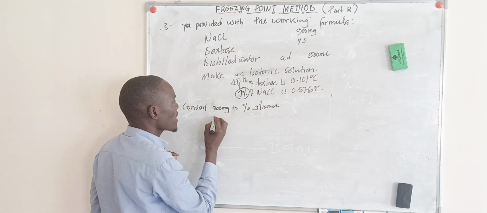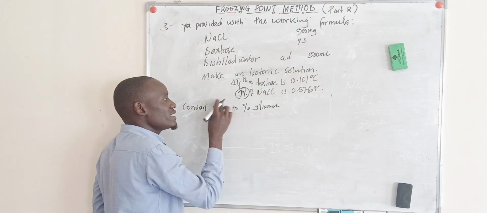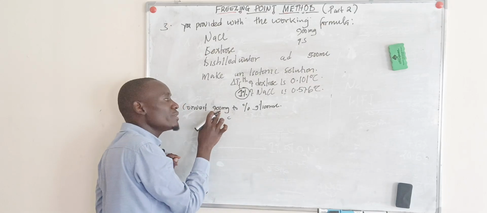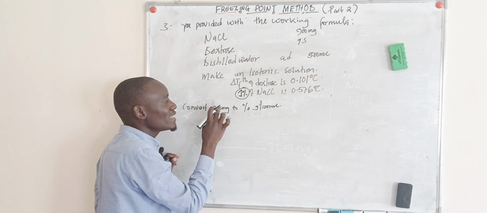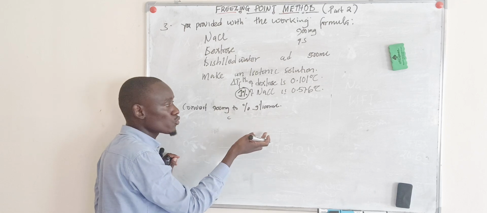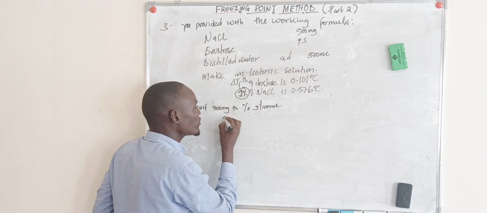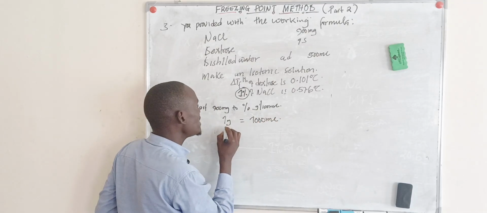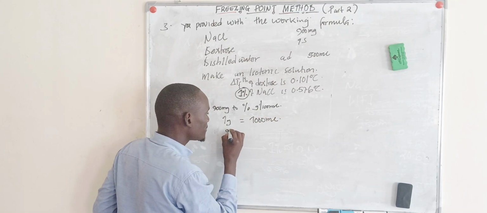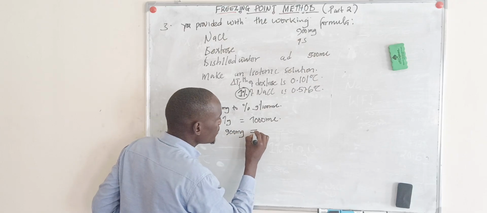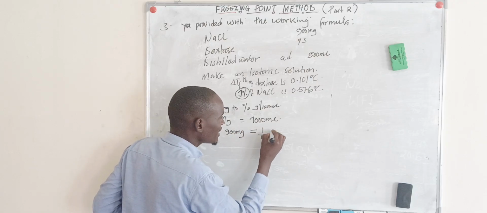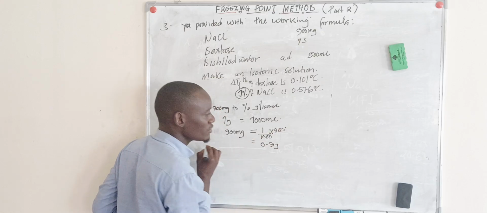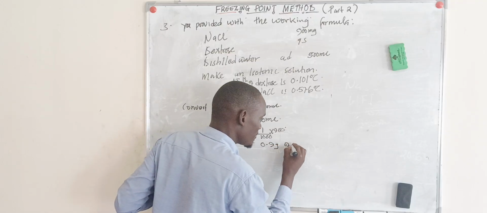So since we are converting to percentage, and you know percentage is grams per 100, we shall begin by converting the 900 milligrams to grams. But remember, we know that 1 gram is equal to 1,000 milligrams. So that means that 900 milligrams will be equal to 1 out of 1,000 times 900. And this will give us 0.9 grams of sodium chloride.